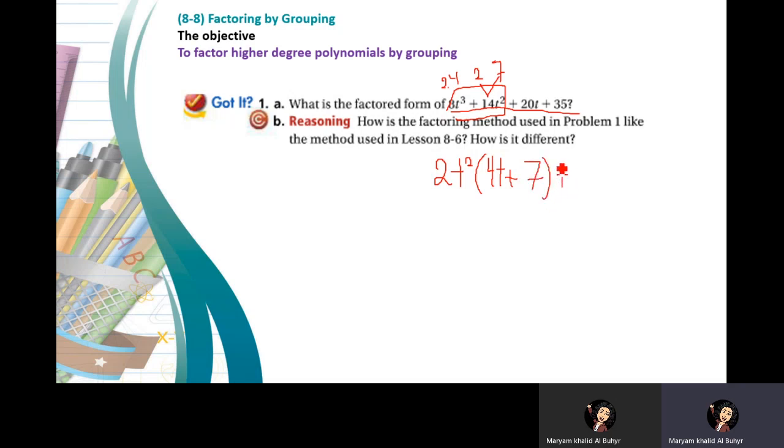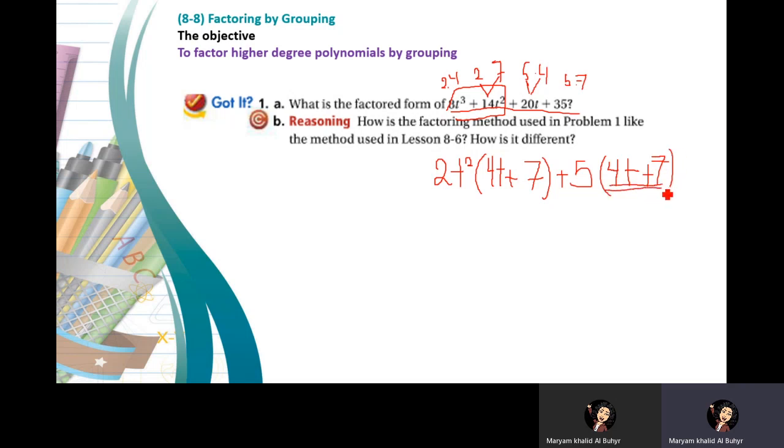Plus, here, what is the common between them? I can say that is 5 times 4t, and 5 times 7. So I can take out 5. So plus 5 outside, and I will leave inside 4t plus 7. All right, great. That's what I need.